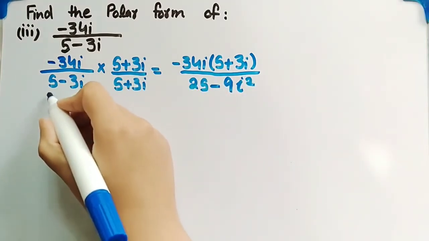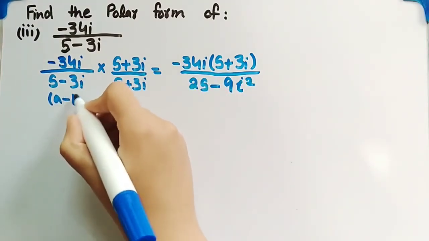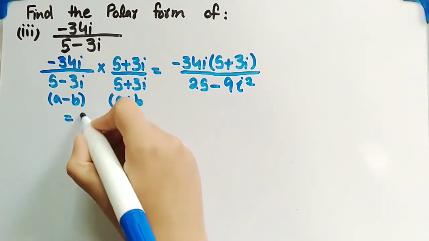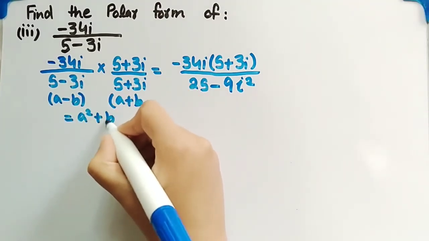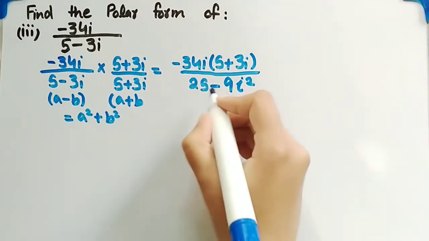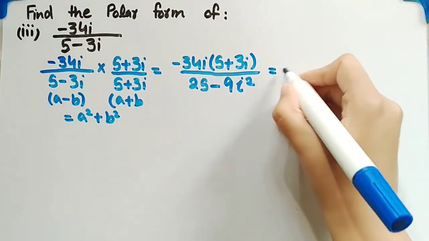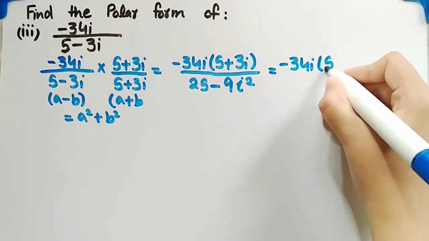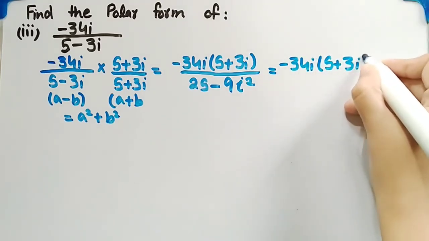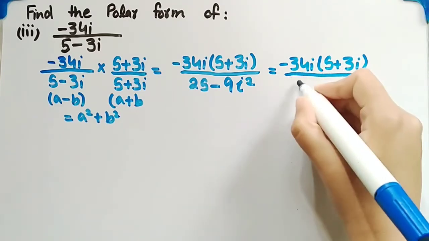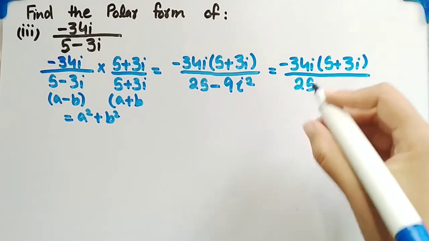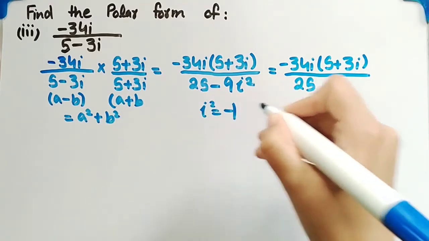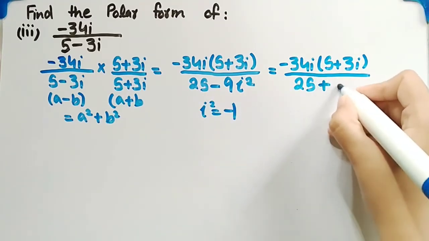This is also the formula of a minus b, a plus b, which is equal to a square plus b square, and we have used the same formula here. It is equal to minus 34 iota (5 plus 3 iota) divided by 25, and iota square is equal to minus 1, so it will be plus 9.